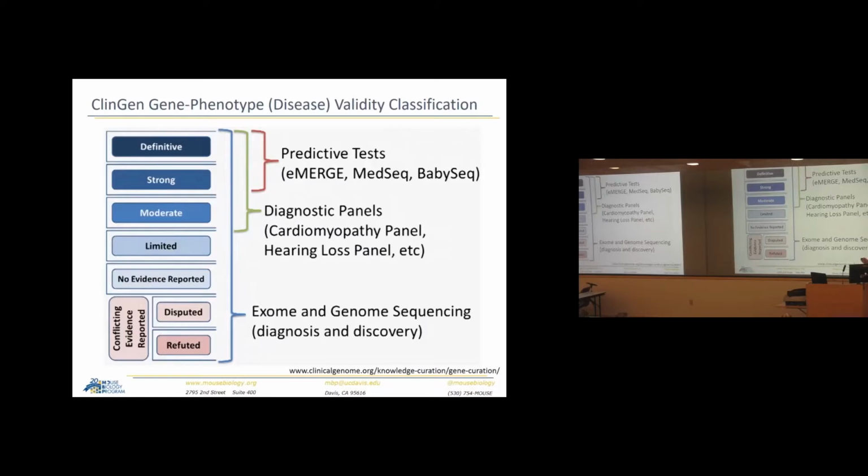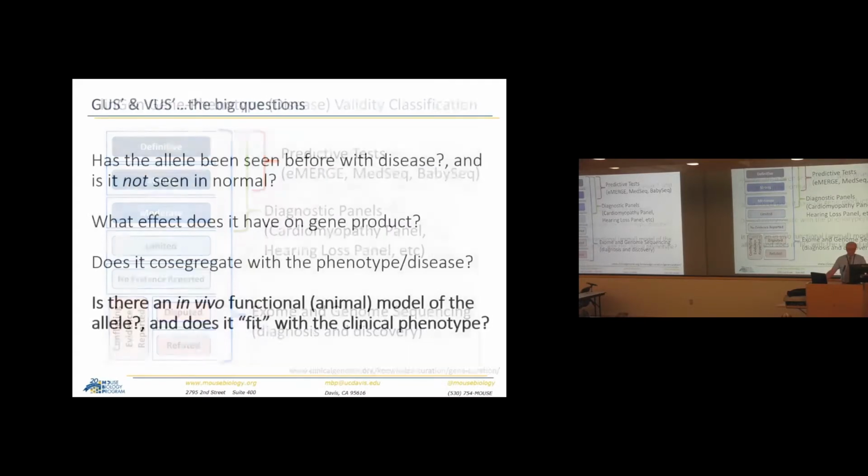For some of these, the definitive and strong ones, these can be predictive tests found in eMERGE, MedSeq, BabySeq, and they include the moderate ones, which can be included in diagnostic panels listed here. All of them give rise to things that can be done for diagnosis and discovery.